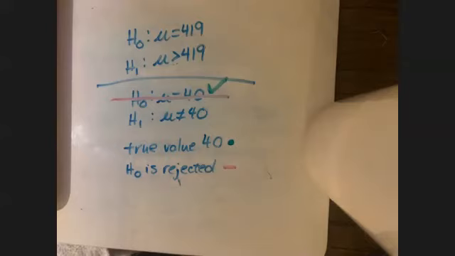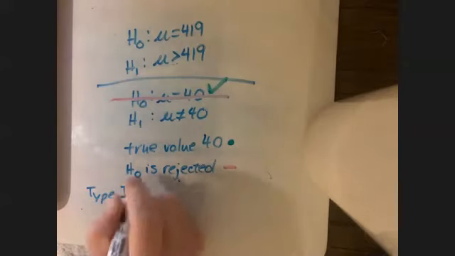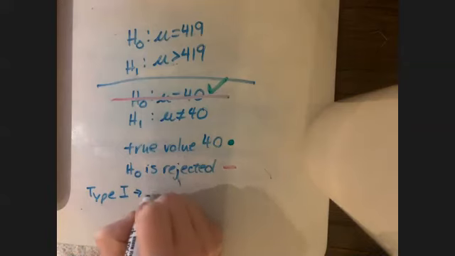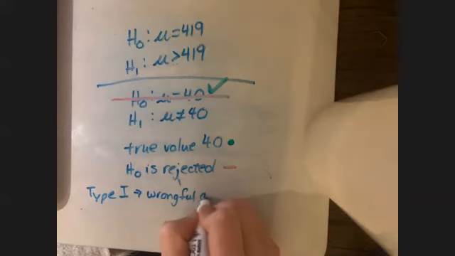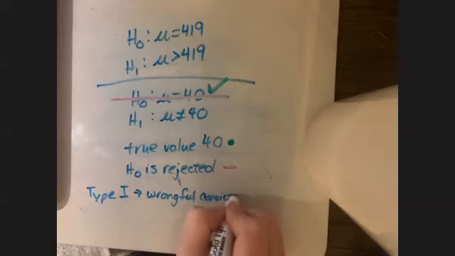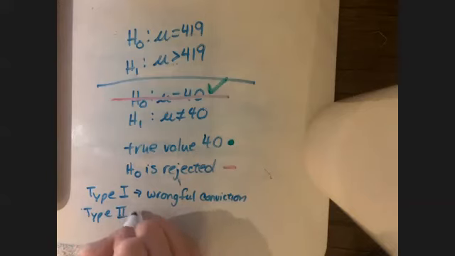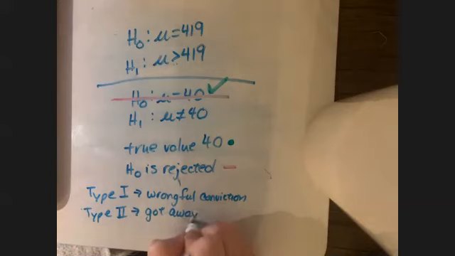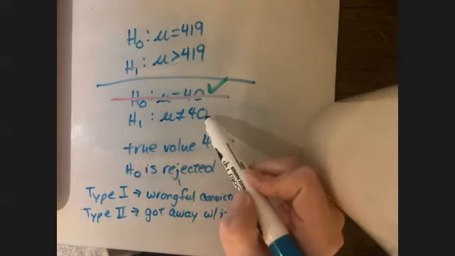Going back, type 1 is what I said was the wrongful conviction. Type 2 is got away with it. So the question is, did they get away with it? This is not guilty, this is guilty. Nope, I found them guilty.